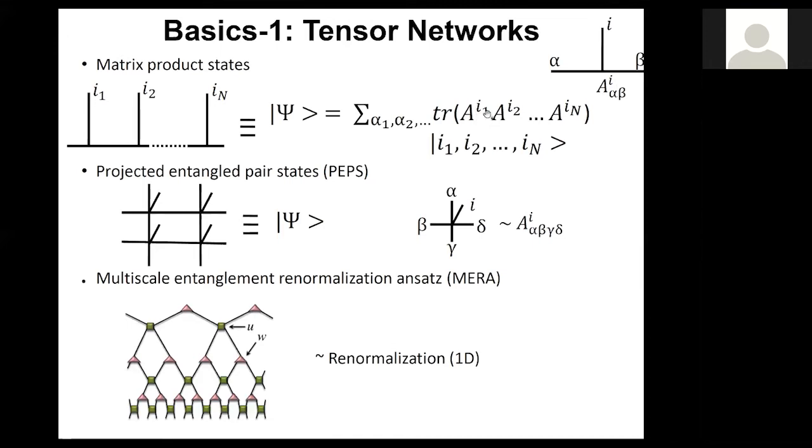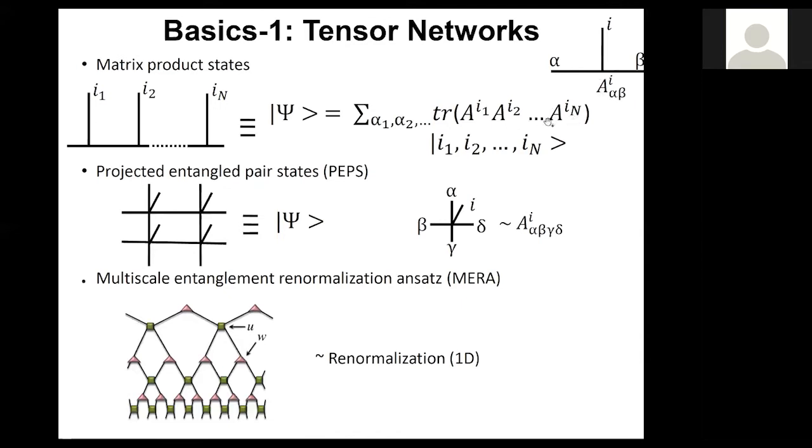If you fix i1, i2 up to iN, this A^i_{alpha beta} is a complex number, and alpha and beta are the indices of a matrix. It becomes a matrix multiplication. So in this way, some of the states, which are called matrix product states, can be expressed by only the single tensor. Every piece of information about this state is somehow encoded in this local tensor.